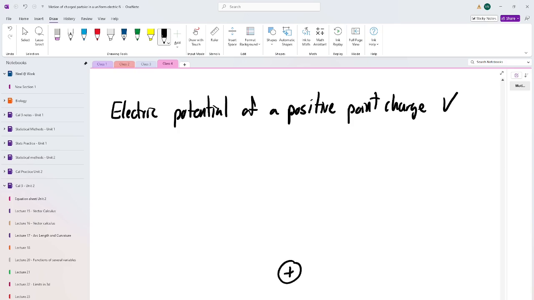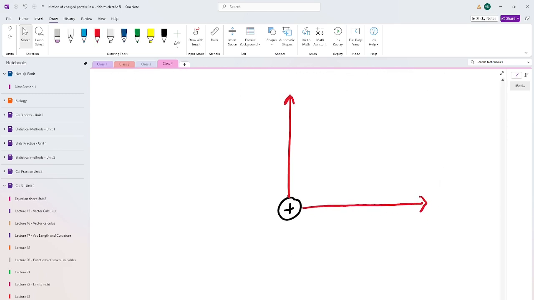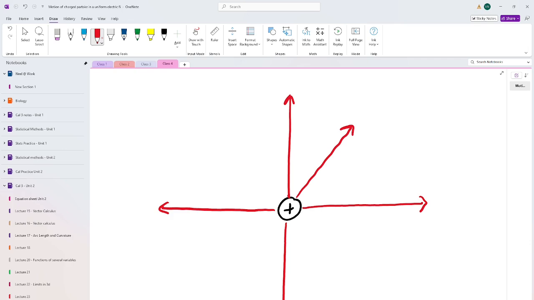So if I have a positive point charge, I'm going to define V as being like this. There we go. If I'm trying to draw V, it would look something like that, where the positive charge in the middle is a point charge.